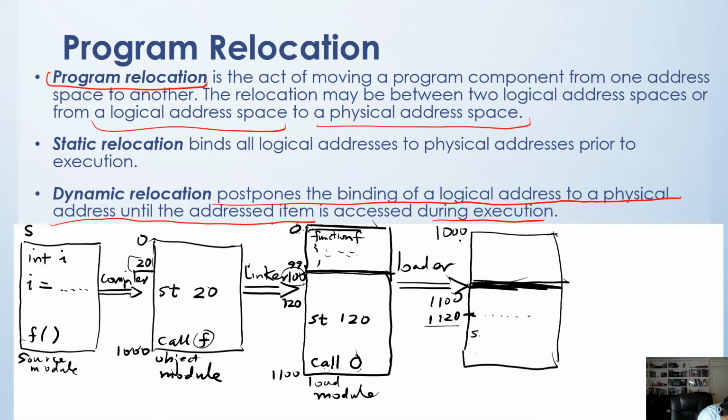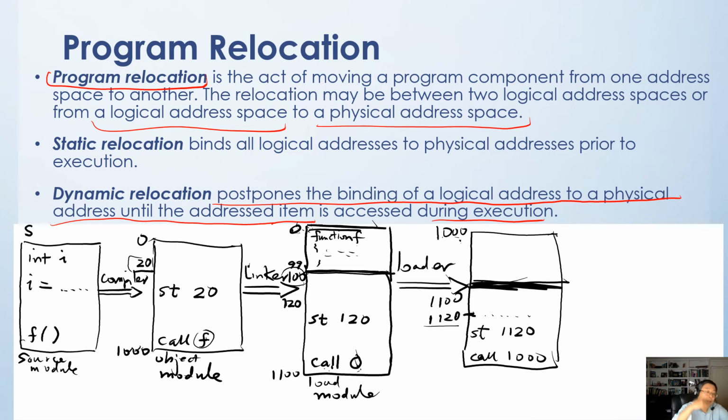So when we say store, which referenced the location 20 at 120, now we reference the location 1120. Okay, so the function call was called 0, because 0 maps to 1000, so it's 1000 now.